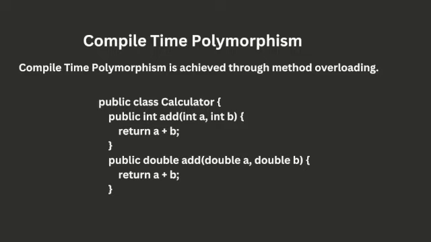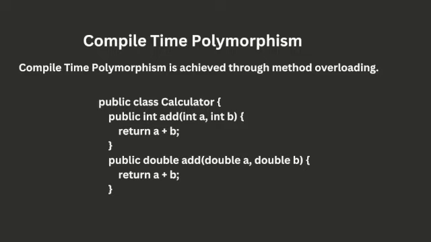For example, we have a calculator function in which we can do addition using different methods. In the first method we are doing two integer additions, and in the second method the method name is the same but the return type is different, which is double.